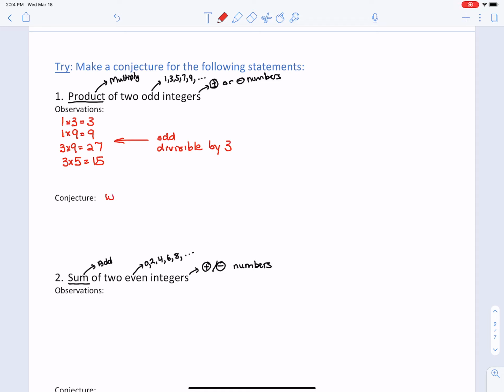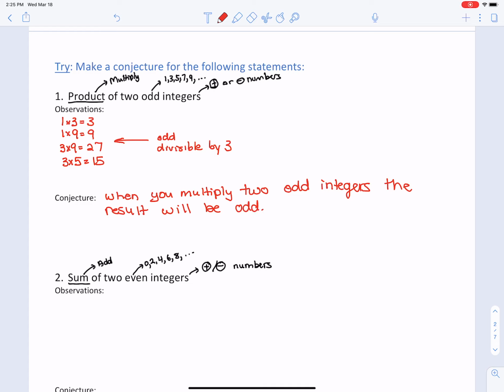I'm going to say when you multiply two odd integers, the result will be odd.